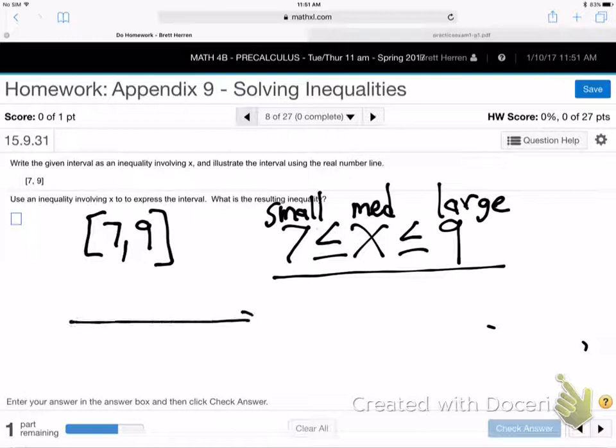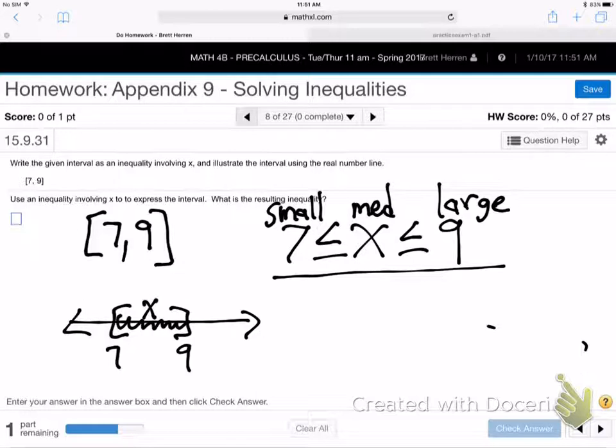If you do the number line, it might help the concept. You don't have to, but it might help. It's all the numbers from 7 to 9, right? The X is the shading. The X is all the numbers from 7 to 9, which means X is between 7 and 9, right? Why do the symbols both go this way? Well, because a small is smaller than a medium, and a medium is smaller than a large, right?